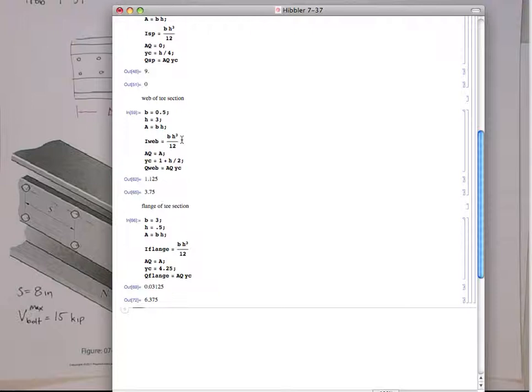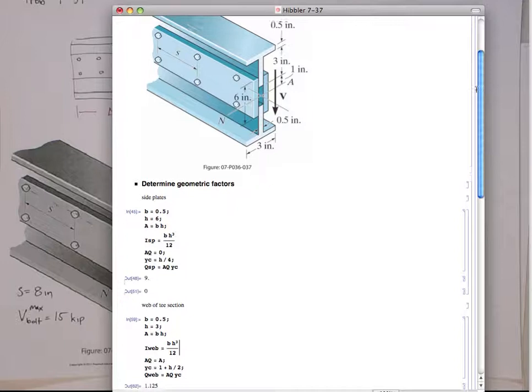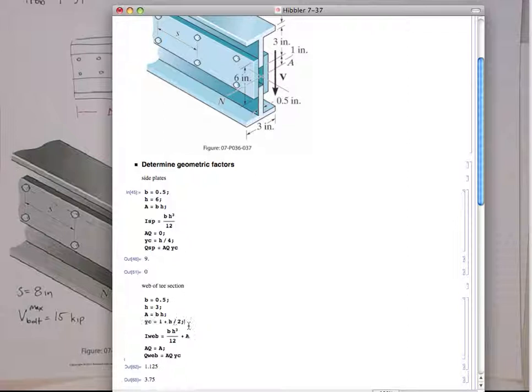Now, I kind of screwed up again. Well, I didn't screw up too bad, but I need to do parallel axis here, right? So I need to get the T section, and both the web and the flange, the I's have to be shifted by parallel axis. So this is the I about its centroid. Let's add the parallel axis term. So that's going to be the area times the distance to its centroid squared. So if I put this term up here, I can use that.